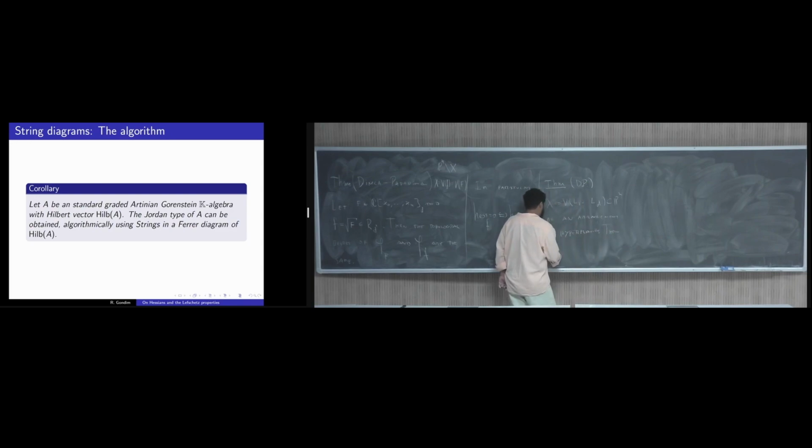Then the Hessian of x is 0 if and only if x is a cone.